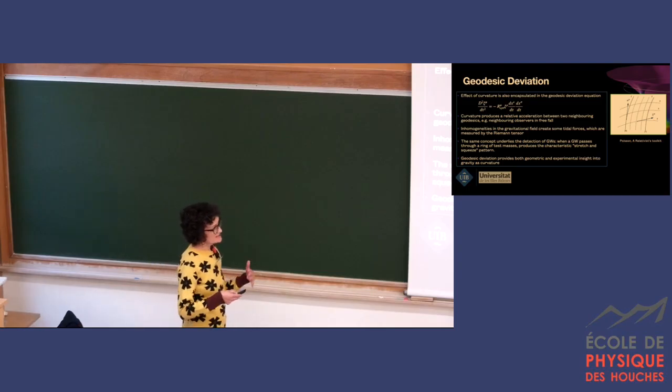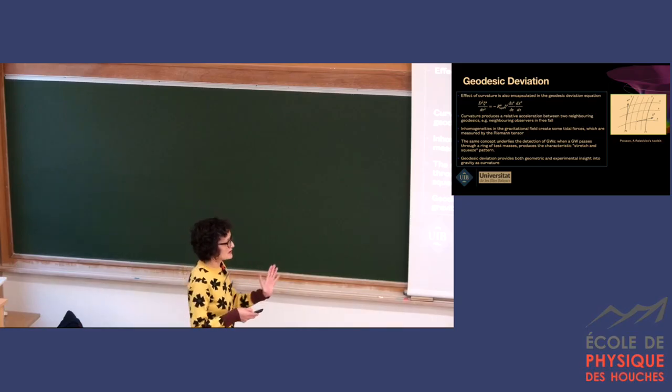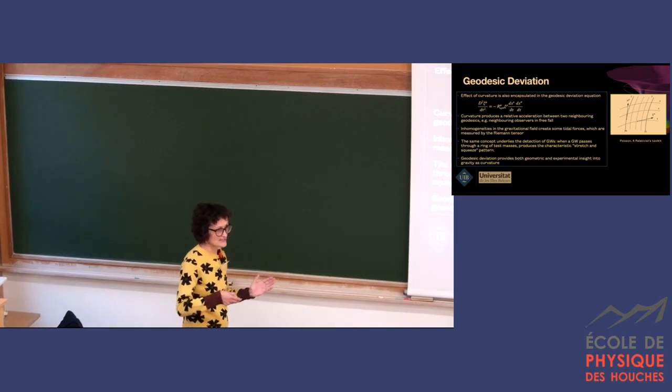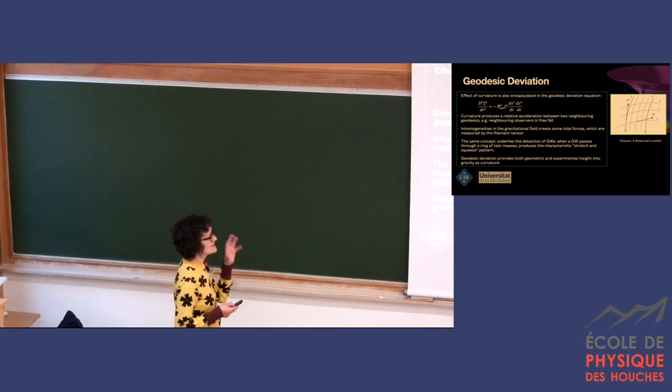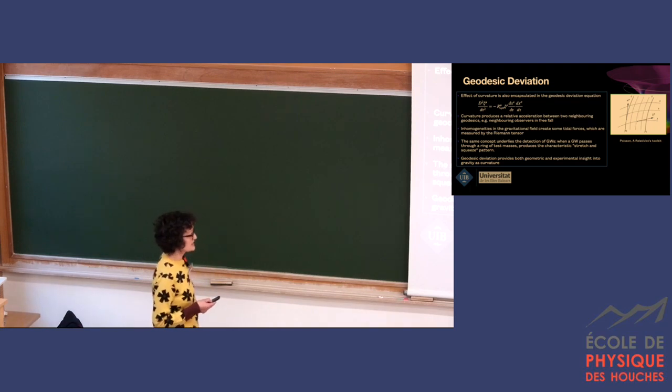And by studying the stretching and squeezing of this net, I'm just keeping track of how much they converge or diverge just because of curvature. And it turns out that you can write this very nice and compact equation to describe this, which is telling you that, again, it's the Riemann tensor that is responsible; it somehow measures geodesic deviation in curved spacetime.